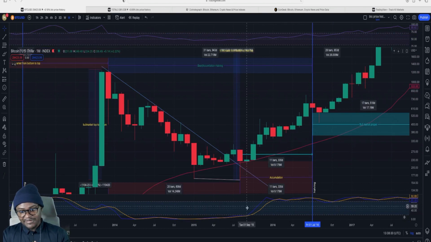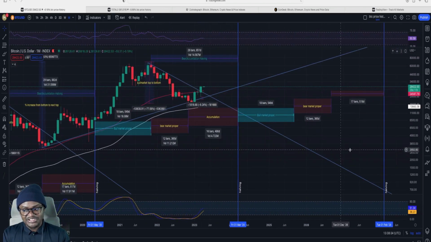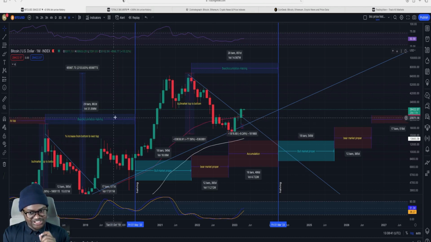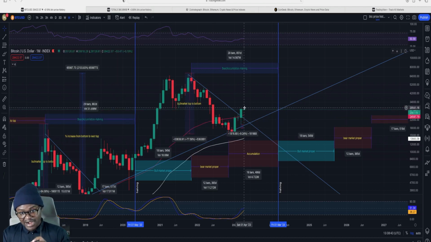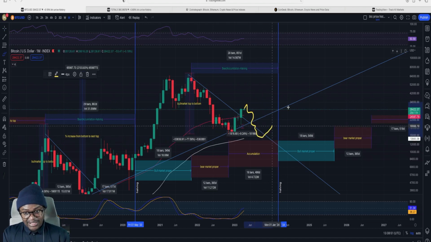Now I talk about that 14k mark because I'm trying to consider every possible scenario that could be at play here. If this is a Wyckoff type distribution and accumulation schematic, then we could bounce from 31 or even at 47 and come back to 14k and still rally up. All right, so we could do this and go up.